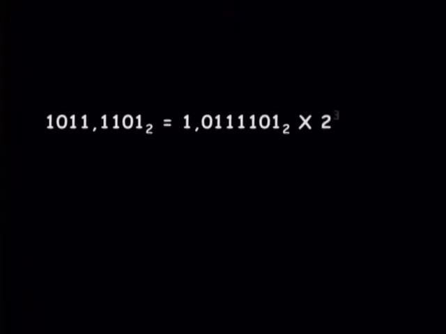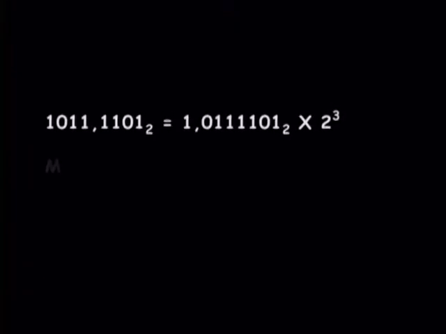Floating point representation of real numbers in the computer is similar to scientific notation, except that the numbers are in the binary numbering system, not decimal. So, for example, the binary number 1011,1101 base 2 would be written as 1,0111101 base 2 times 2 to the power 3.